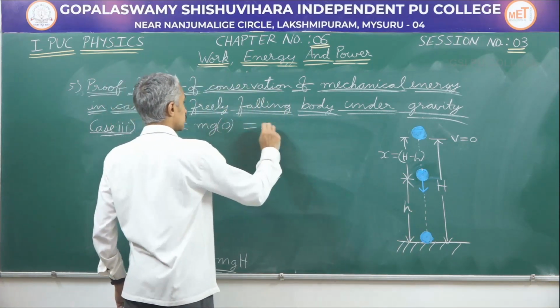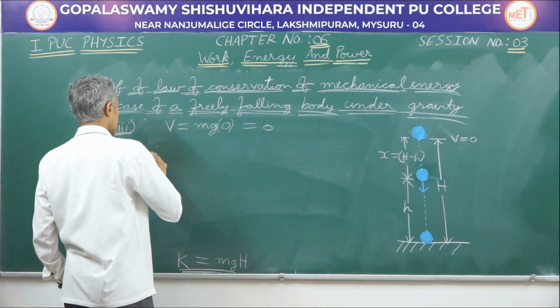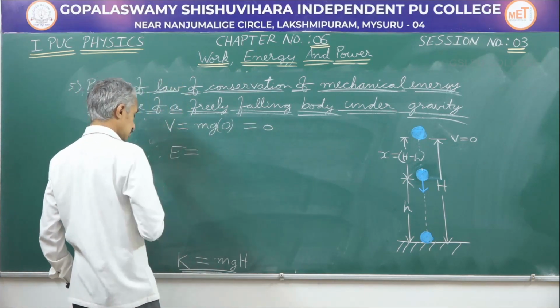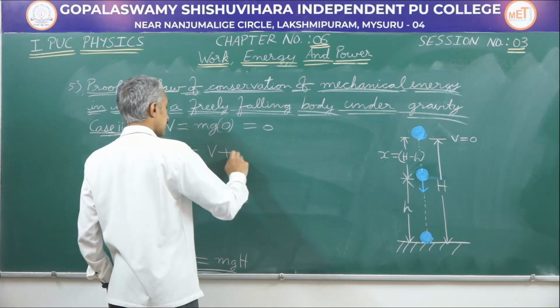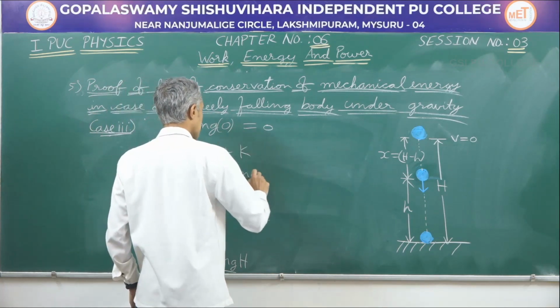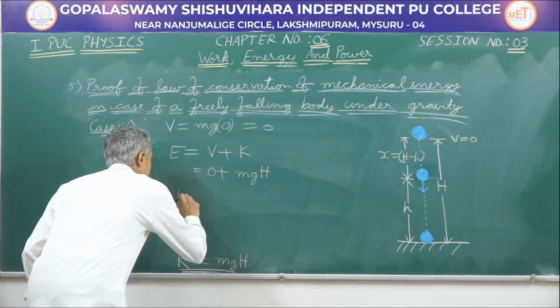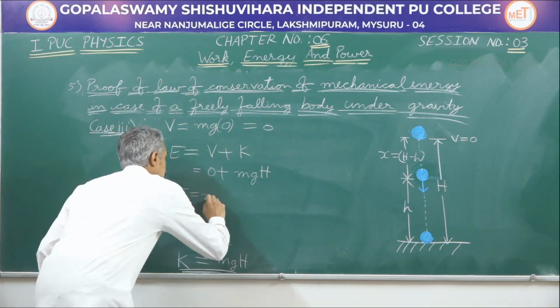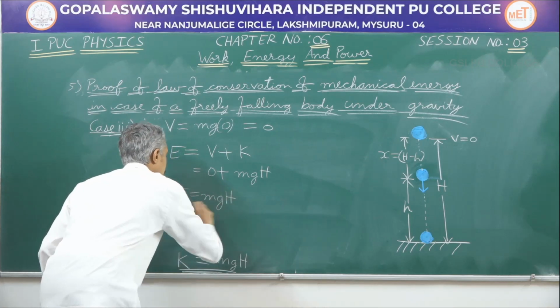So this is going to be 0. Therefore, the total energy is now equal to potential energy plus kinetic energy, which is 0 plus mgH. Finally, you will get this as mg capital H.